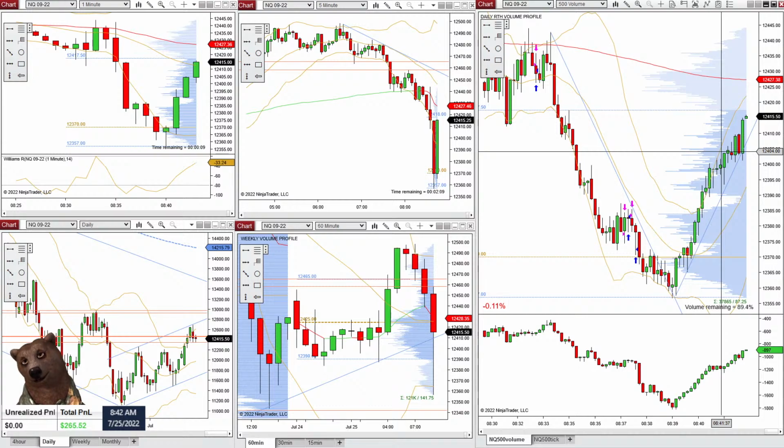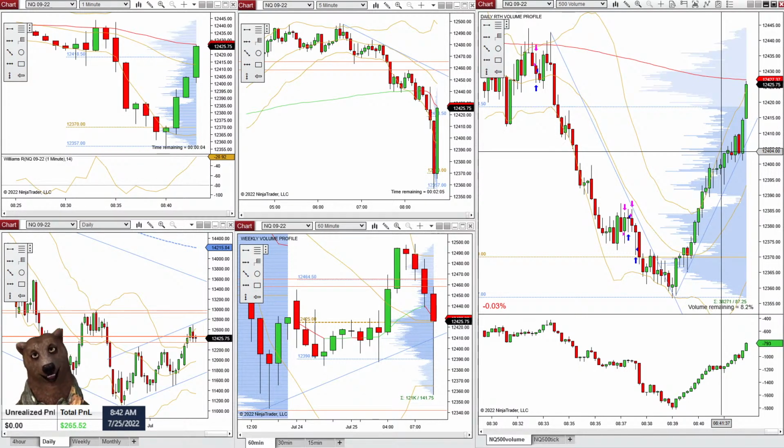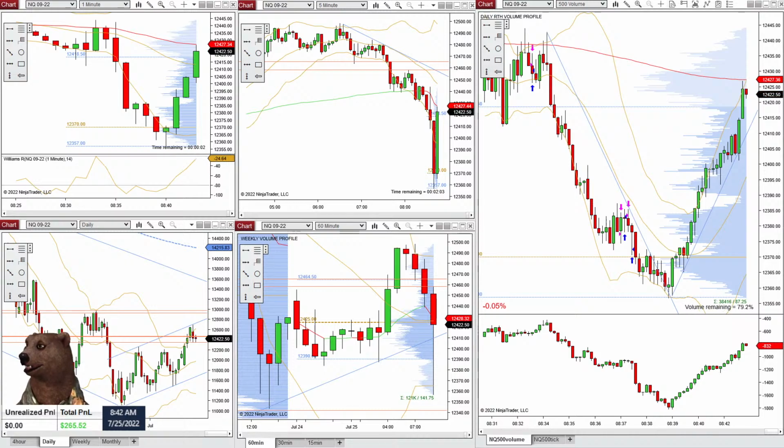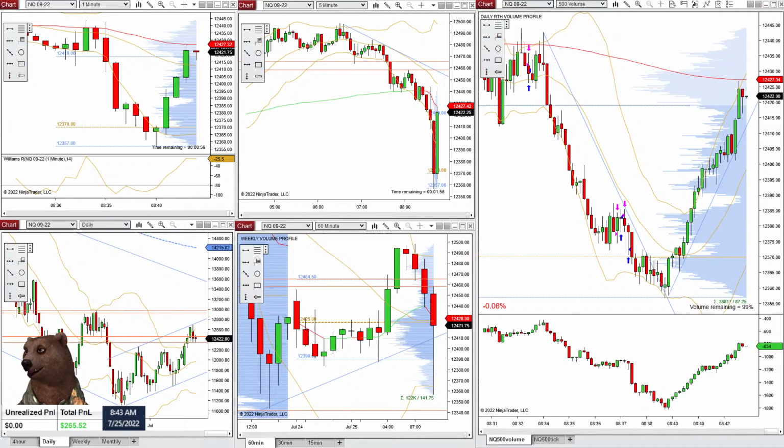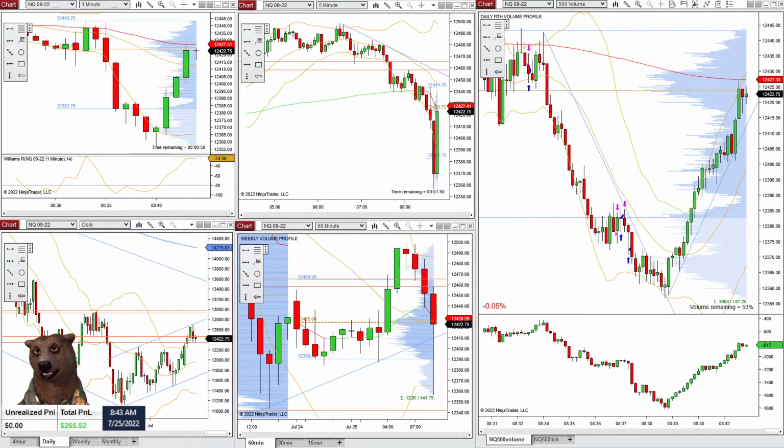Pushing up. I'm still looking to take it down again. Oh, coming with the VWAP on volume here. What is going on? I'm gonna let it dance around up here for a minute. 20 control coming in here.